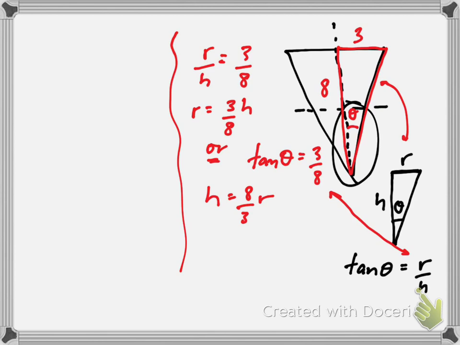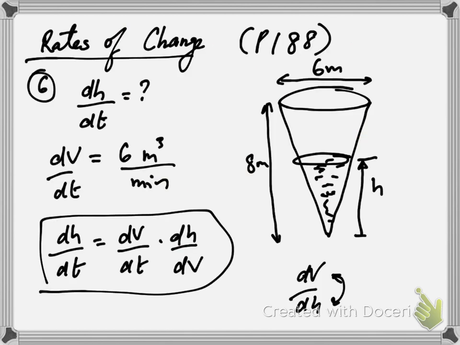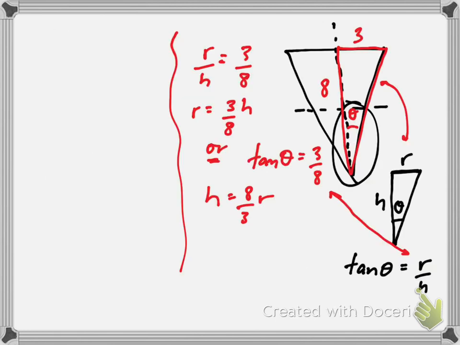Okay, cool. So the next step for you would be, in order for you to find dv over dh, which is that one, we have to form the volume function for the cone. So the volume of a cone is pi r squared h over 3, or 1/3 pi r squared h.